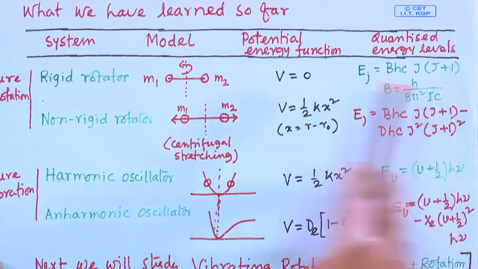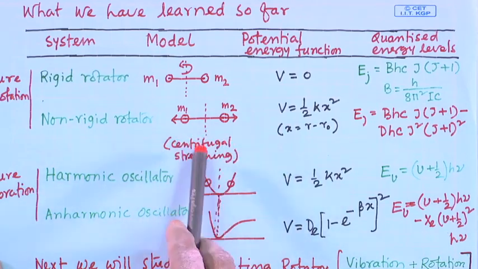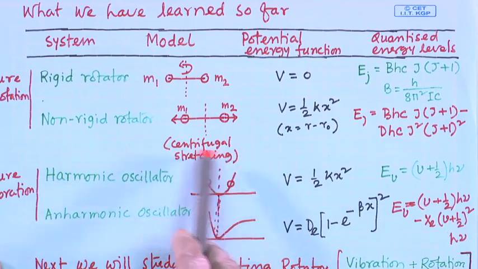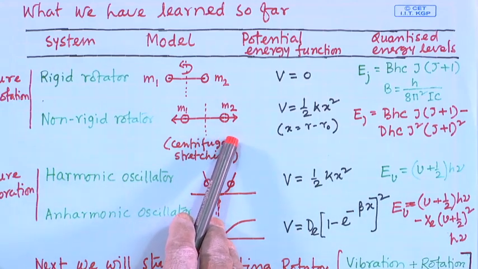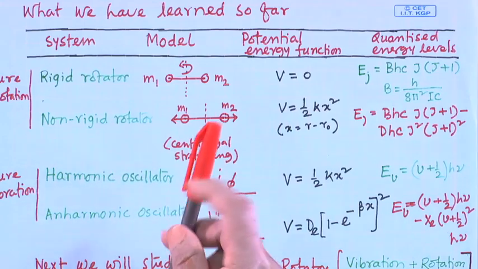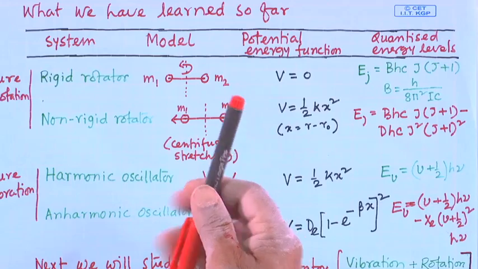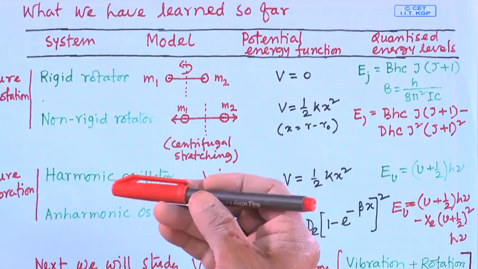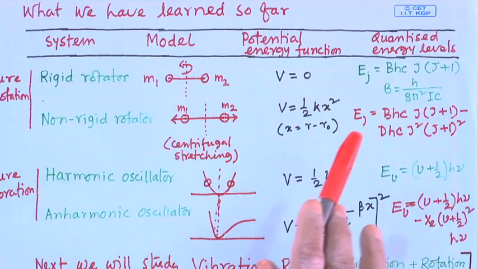For the non-rigid model, there is a distortion, basically stretching. When it is rotating with very high speed, there will be stretching of these two atoms outward.